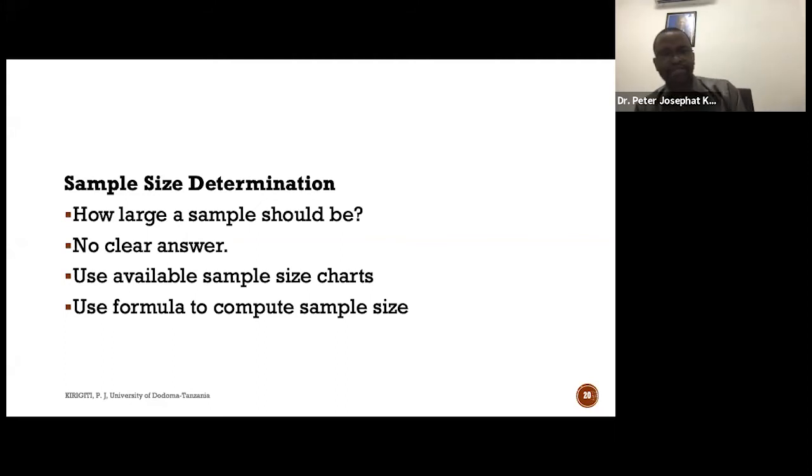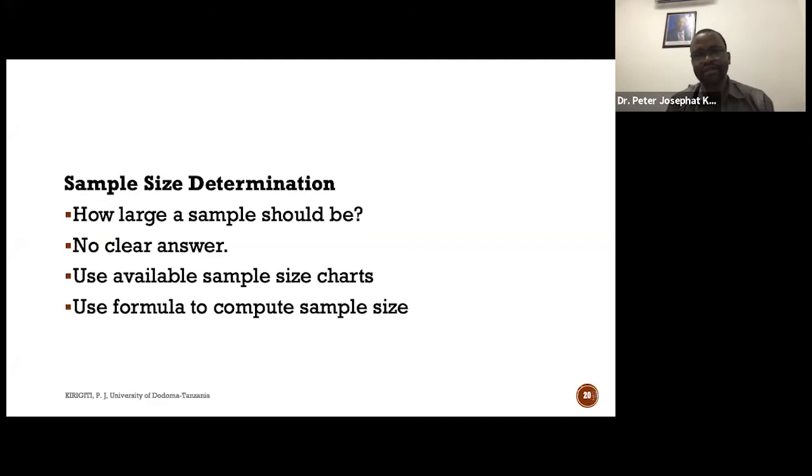As of now, to my knowledge, it is very difficult to give a rule of thumb on how large a sample should be. There are different scenarios and cases. What is the level of significance?